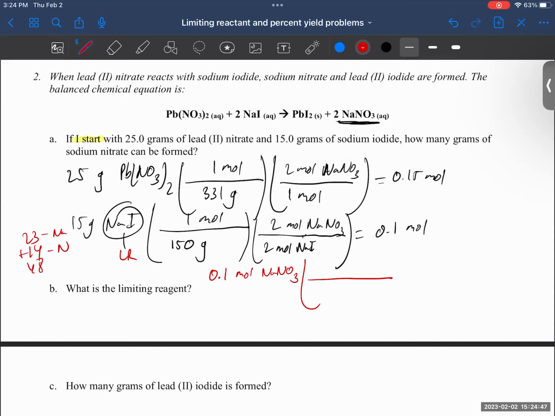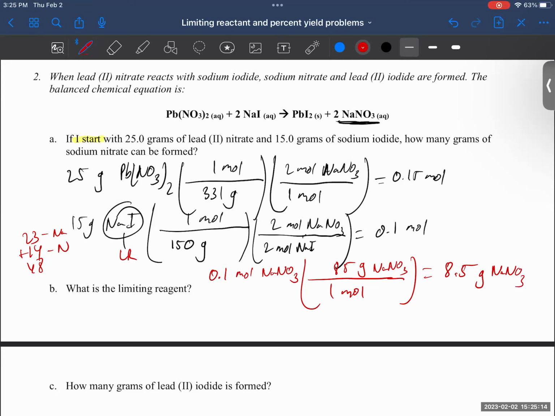So 23 plus 14 plus 48. Solve it out, we get 85 grams. So 1 mole has 85 grams of NaNO3. So if we solve this out, 85 times 0.1 should just be 8.5 because the same thing is divided by 10. So 8.5 grams of sodium nitrate is our theoretical yield.